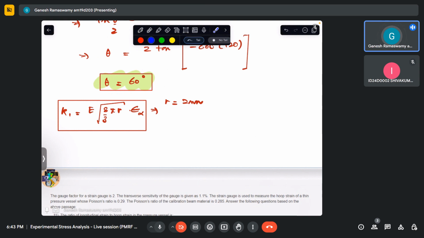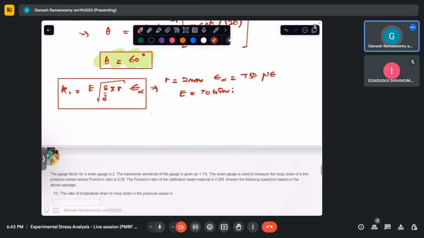So it is pasted parallel to that. And then we have epsilon that was measured to be 750 microstrain. This is given. And we are doing this for aluminium, which has an E of 70 GPa. So therefore, K1 comes out to be 70 E3 into root of 8 by 3 pi into 2 mm.